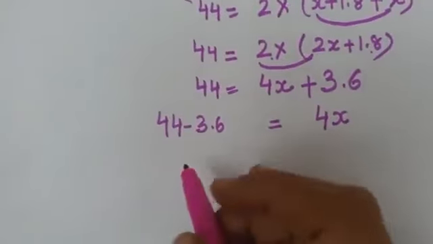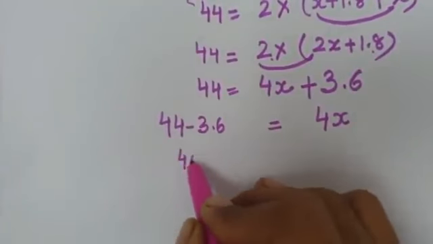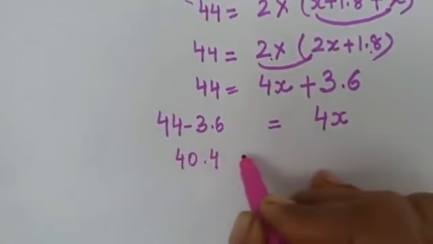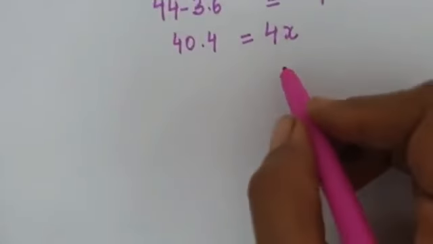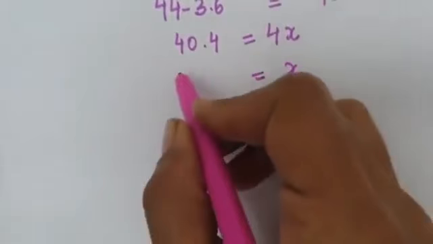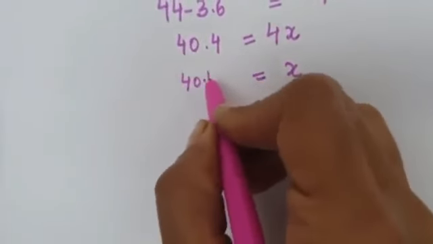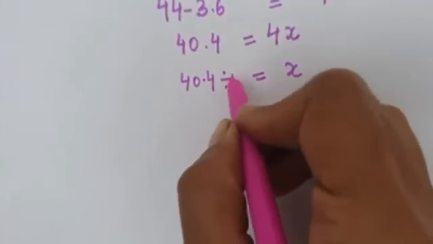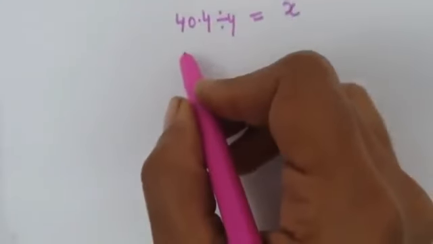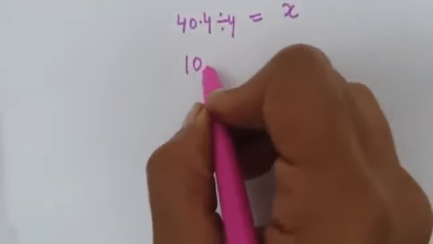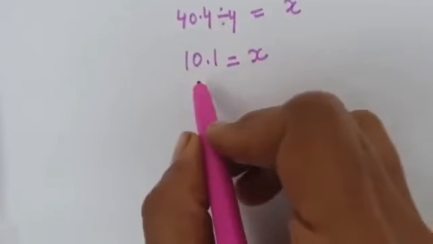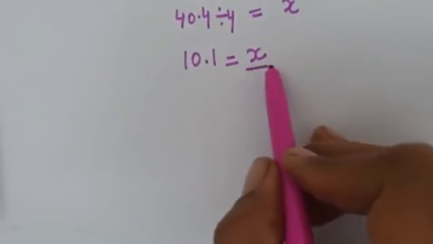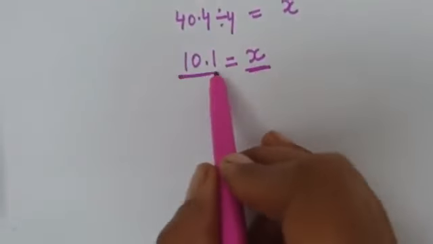We get 40.4, which is equal to 4x. So x will be 40.4 divided by 4. What we get? We get 10.1. So the value of x we got is 10.1.